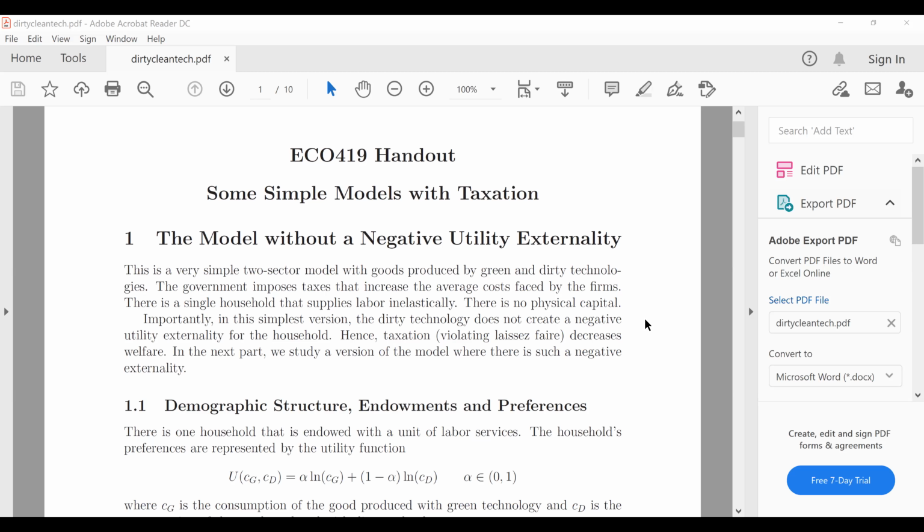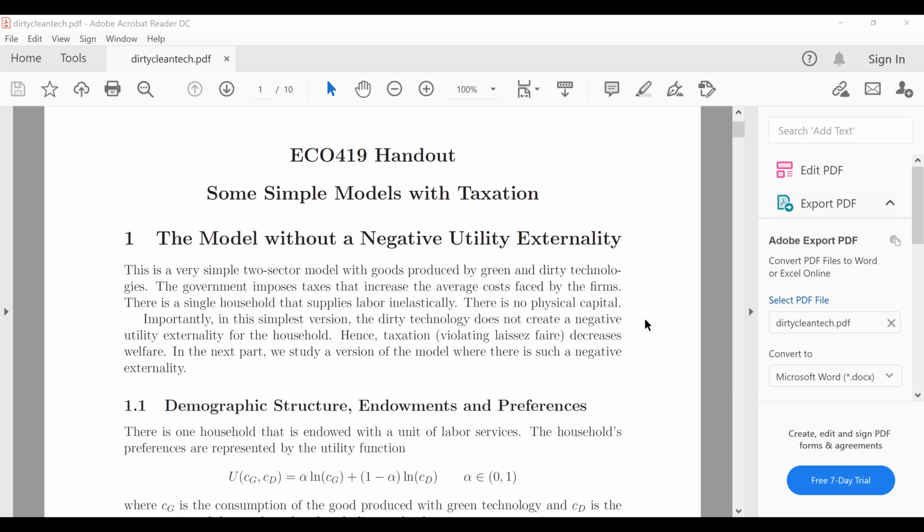Now there will be two versions of this model. In one version, we are going to assume away the negative externality. All right, because environmental problems will have, of course, some negative effects on people's welfare, right? But in the first version, we're just going to assume that households do not get any utility from environmental problems, okay? So that will be the simplest version, where there is dirty output and green output, but this will not be affecting the utility of the household.